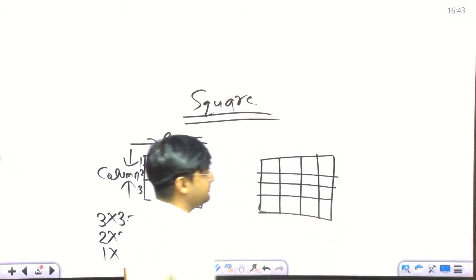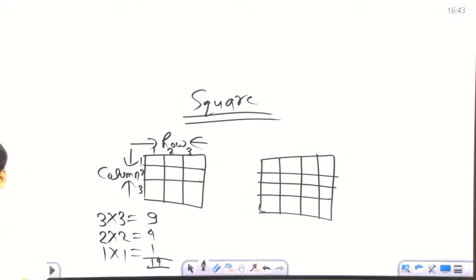How many squares in this figure? Thirty.